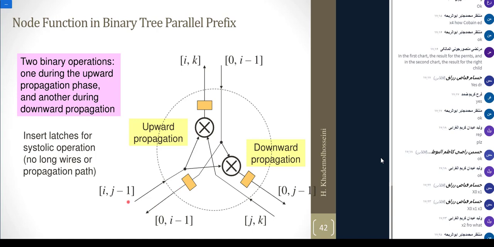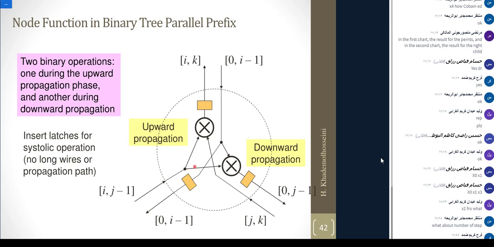In upward, one from left is combined with one from right. But at the same time, one from left is moved for downward. In upward, one from left and one from right are computed, then saved somewhere, and go up.